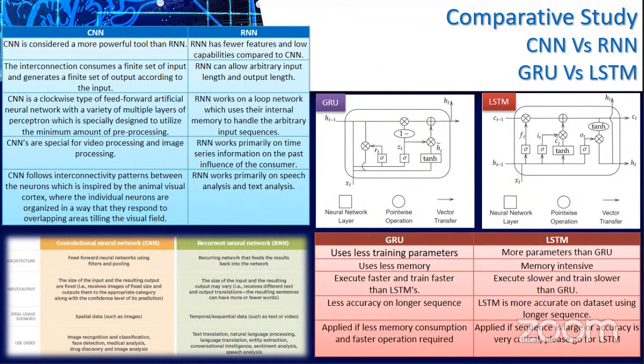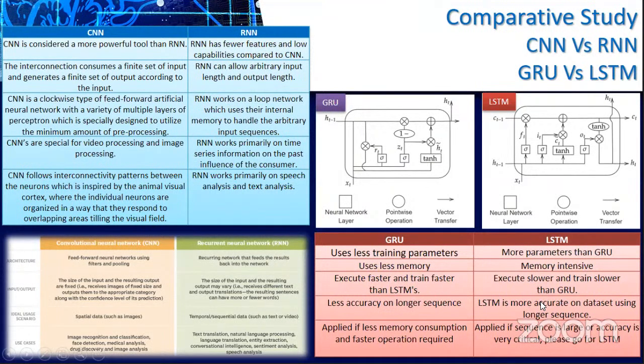The next is with respect to GRU and LSTM. GRU has fewer training parameters, but LSTM has more parameters compared to GRU. GRU takes less memory, LSTM takes more memory. GRU executes faster and trains faster. LSTM executes slower and trains slower. GRU has less accuracy on a longer sequence.